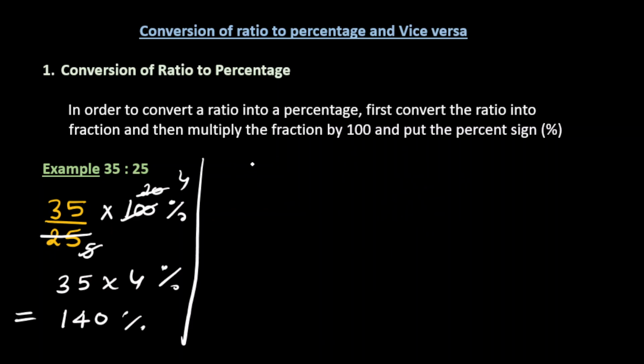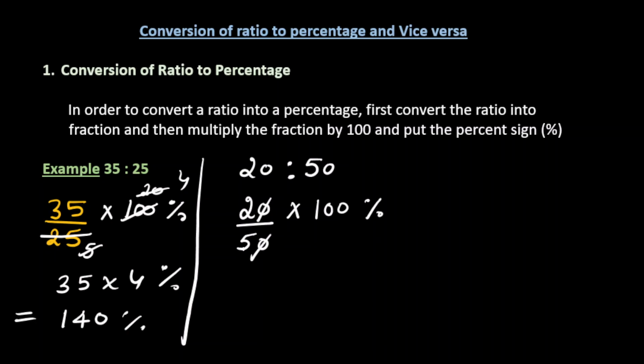Suppose we have 20 is to 50. First of all, this ratio we will convert into a fraction by writing these two dots as a division symbol. So 20 by 50 we will write. Now this is a fraction. Now we have to convert into percentage. So we'll multiply by 100 and put the percent symbol.